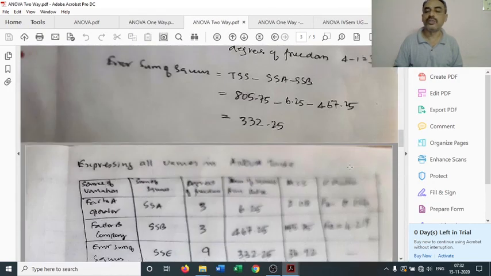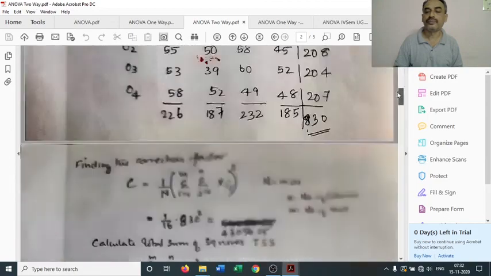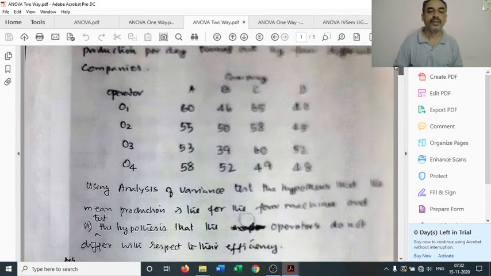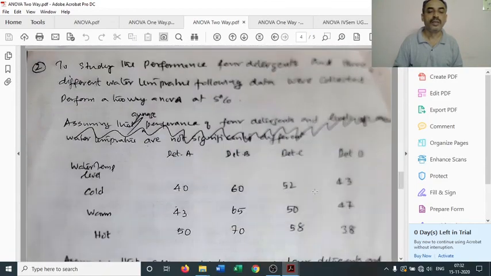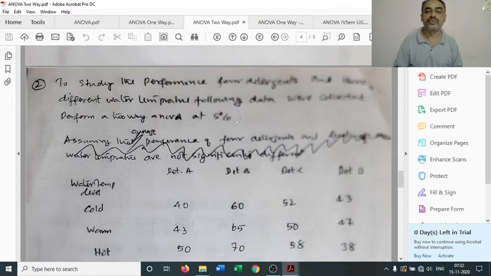The second question is to study the performance of four detergents and 3 different water temperature levels.